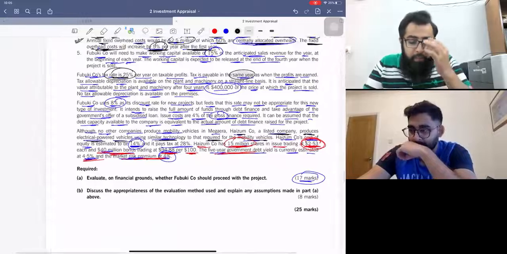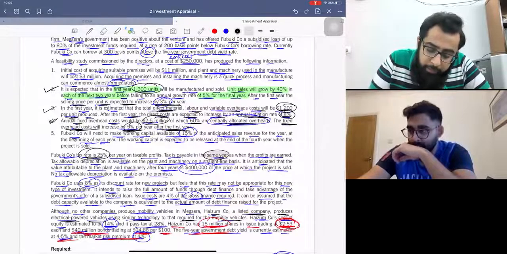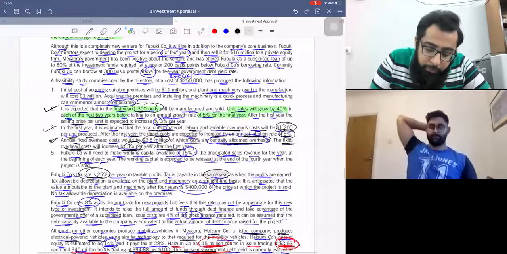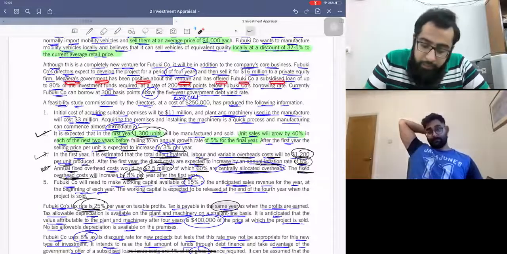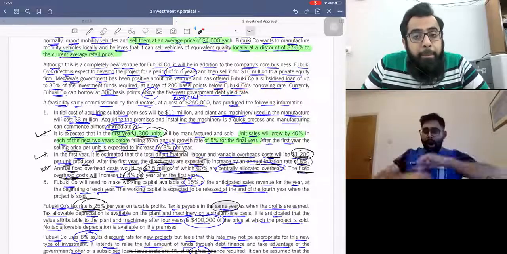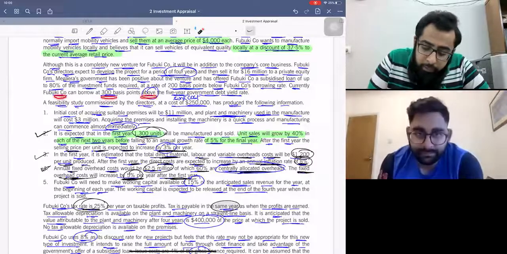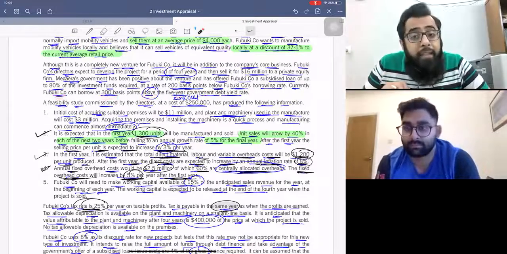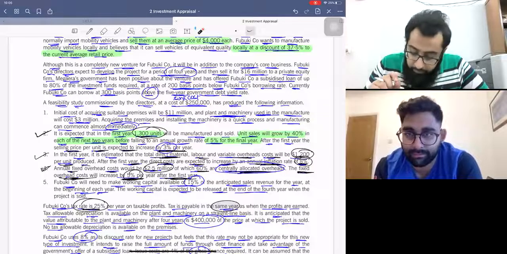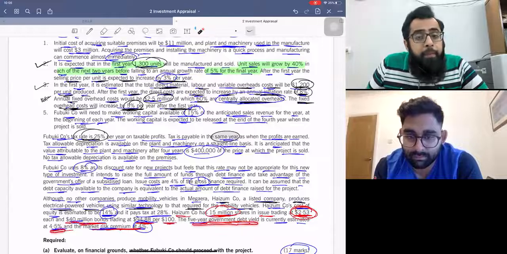The Migira government has been positive about the venture and has offered Puviki company a subsidized loan of up to 80% of the investment funds at 200 basis points below Puviki company's borrowing rate. Puviki company can borrow at 300 basis points above the 5-year debt yield of the government. The 5-year debt yield is 4.5%.